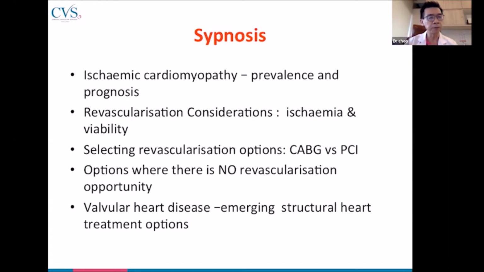Very briefly, we will also talk about what happens when patients have no option at all for revascularization. To complete the whole mechanical treatment for heart failure, I just want to add a few points about the current availability of treatment options for some valvular structural heart problems.